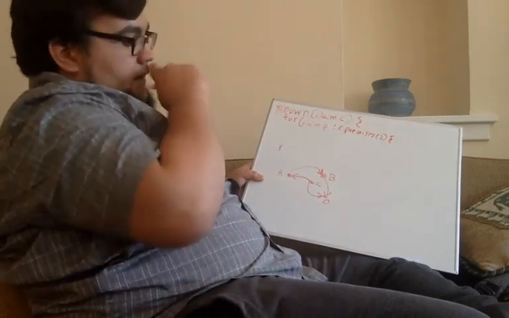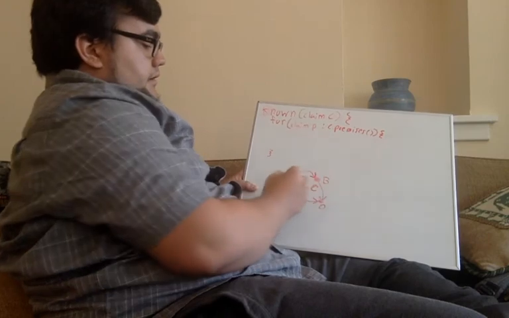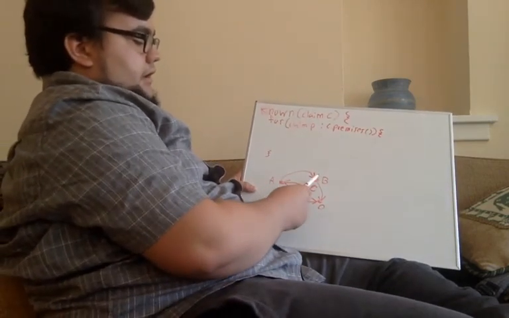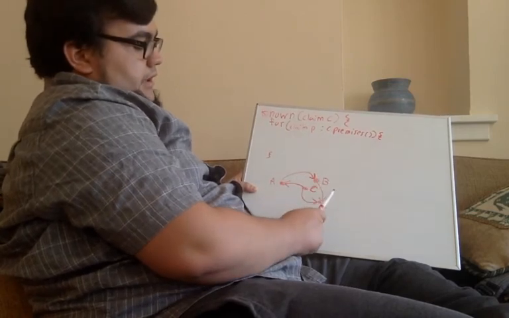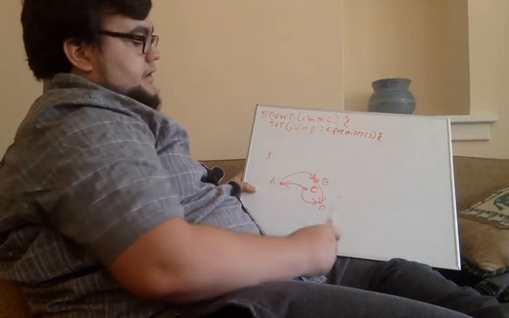Okay. So here is a directed graph with the edges from A to B, from B to D, from C to A, and C to D.